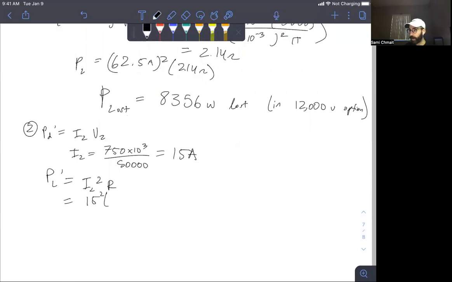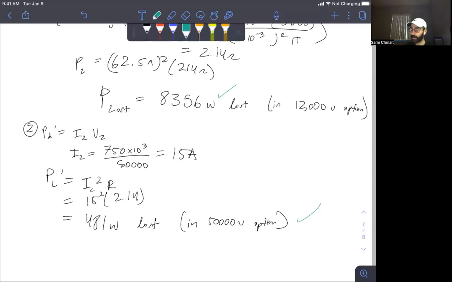So 15 squared times 2.14. This comes out to be 481 watts lost. And I want to say in the 50,000 volt option. So again, this kind of agrees with our check, right? It passes our check that in the step-up voltage situation, we have less power loss.